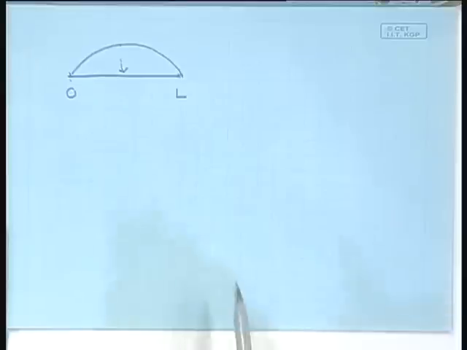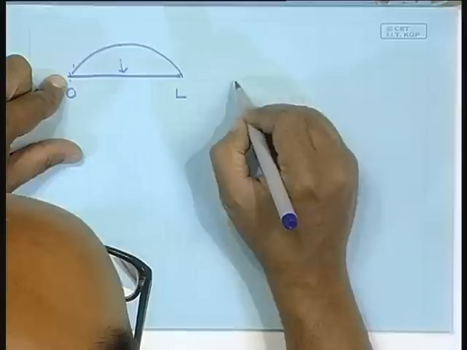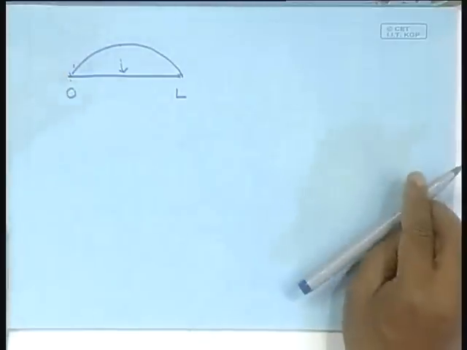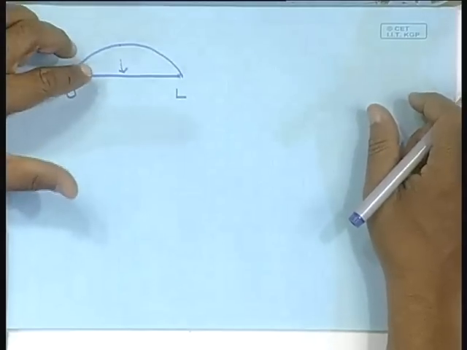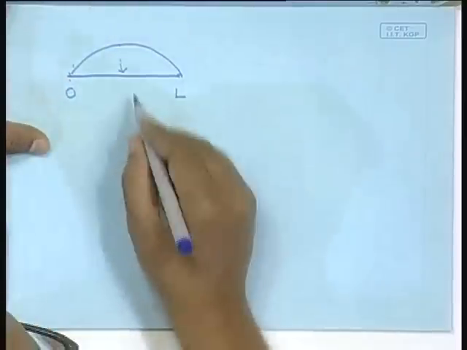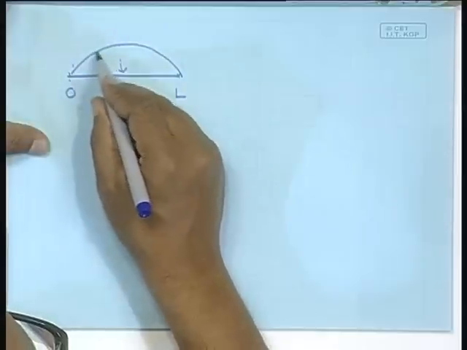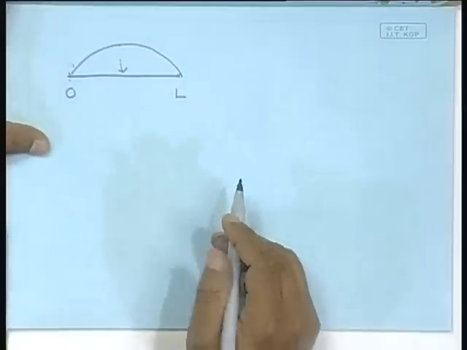Now, when the deformation is maximum, the kinetic energy is 0. We expect that because when the displacement is maximum, the velocity becomes 0. So, the kinetic energy per unit volume becomes 0.